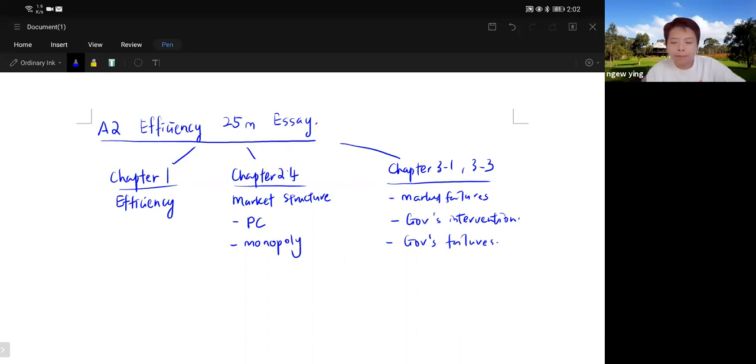So let's start. In most of the questions I showed you just now, they have one keyword: efficient use of resources, or effective use of resources, or allocating resources efficiently. When you see the word efficient or whatever, you need to tell the examiner what is meant by efficiency.